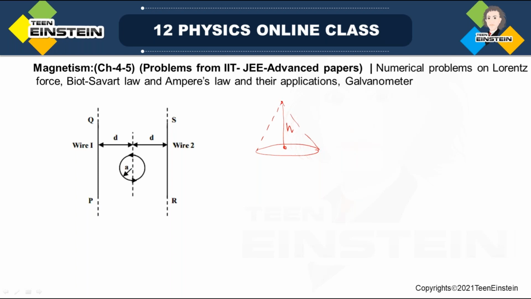So at this particular point, this is actually on the axis. If I just give some arbitrary name, OA or OP. P is there. Anyway, we don't use this. OX, let us say. So OX is actually the axis of the loop.